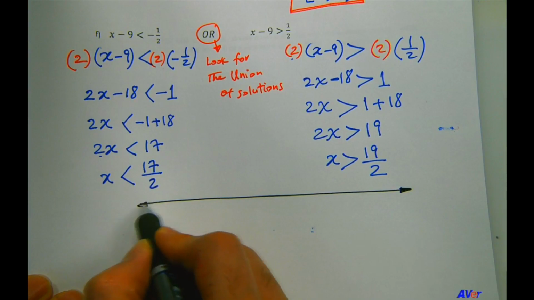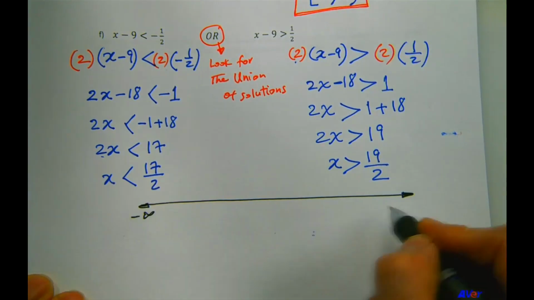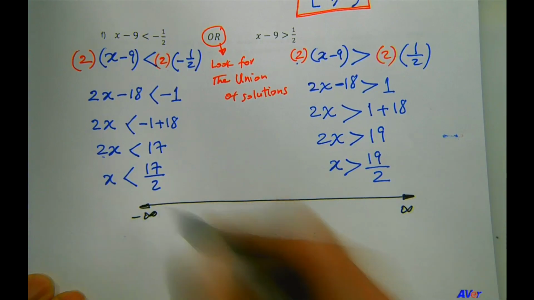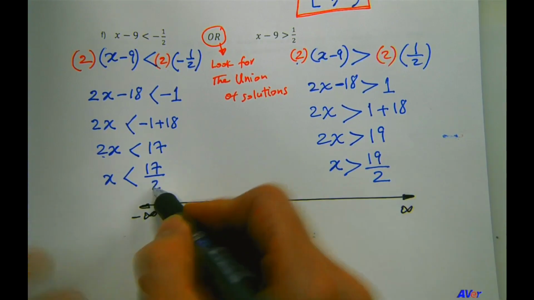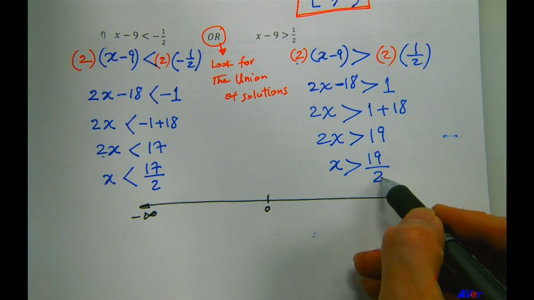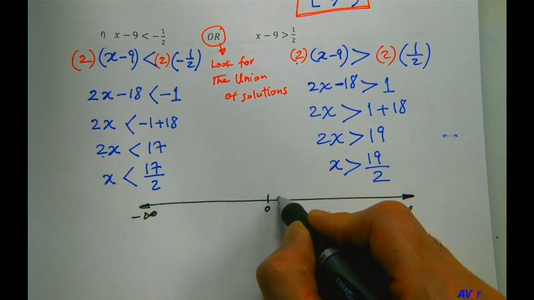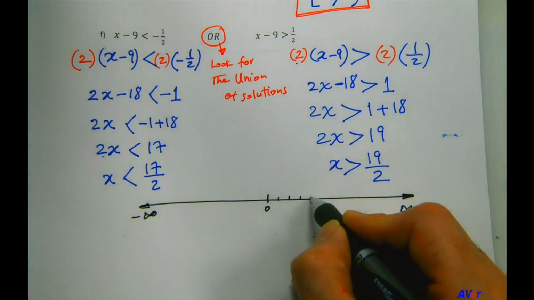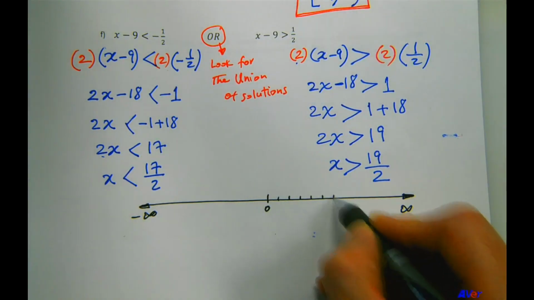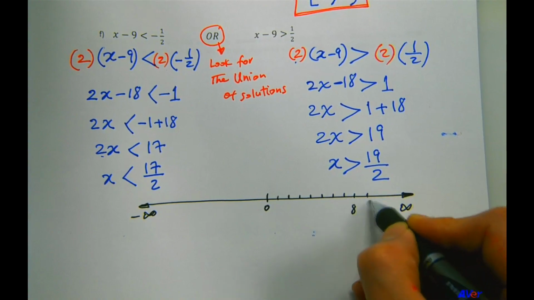So we have this from negative infinity to infinity. 17 over 2, it's a little bit over 8, right? And 19 over 2 is a little bit over 9. So if we have 1, 2, 3, 4, 5, 6, 7, 8, and 9.